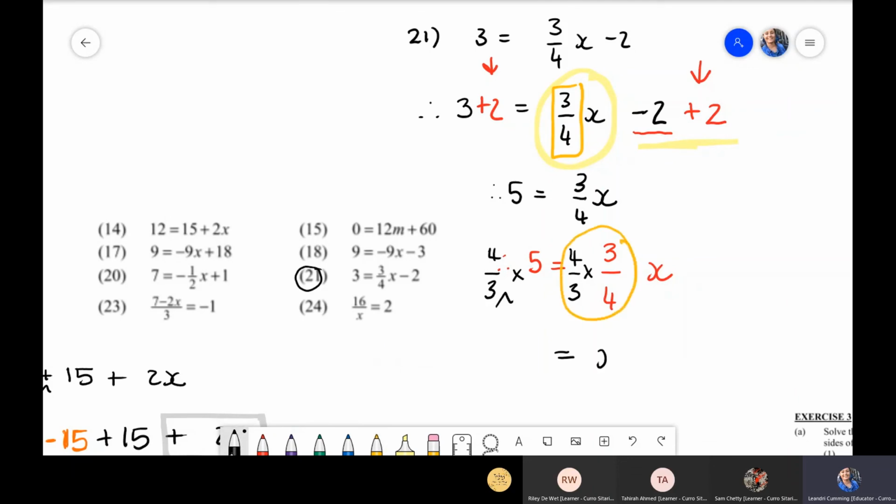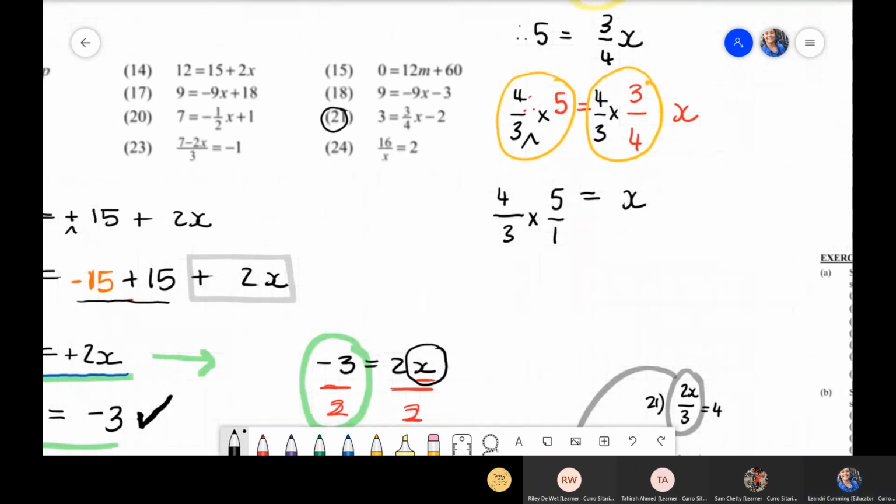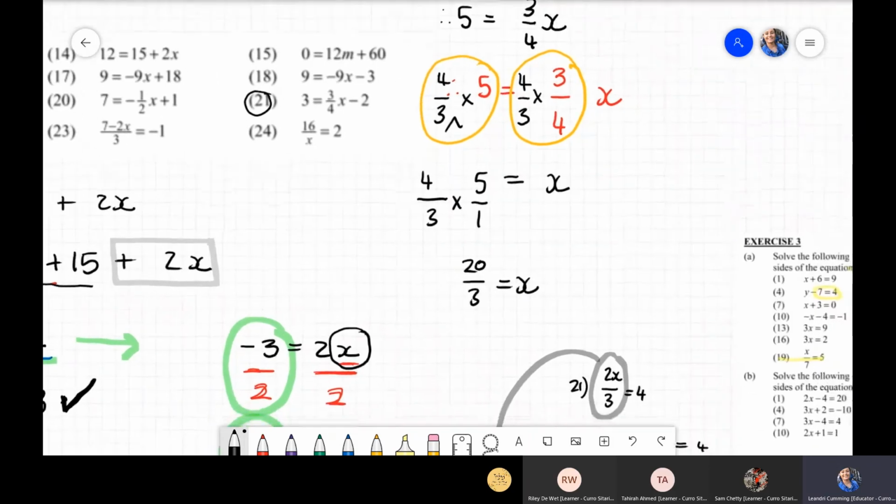That's going to leave me with x. Yes, that's what I wanted. And what do I have here? Here I have 4 over 3 times 5 over 1. That is 20 over 3 is equal to x. And you may change that into a mixed number, but it is not going to be wrong if you leave it as an improper fraction.